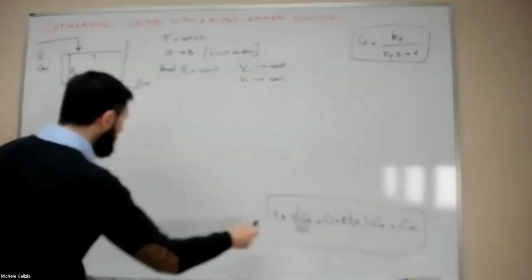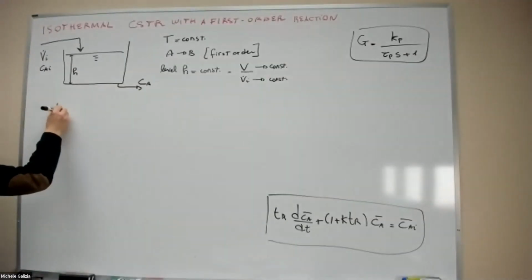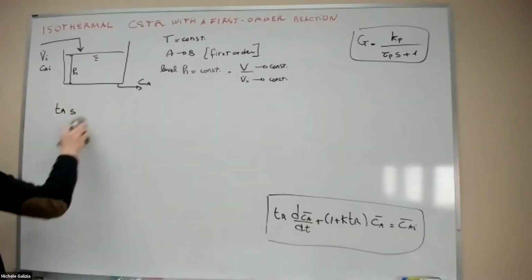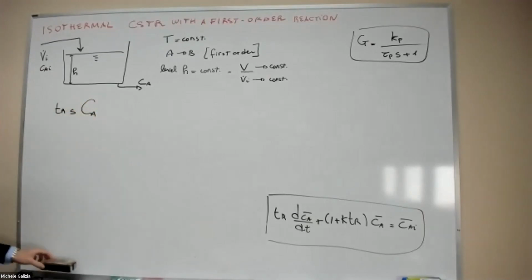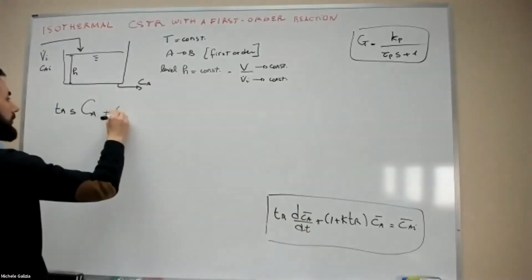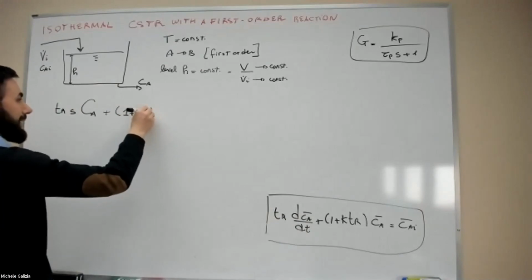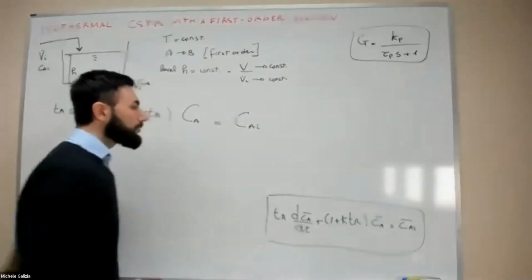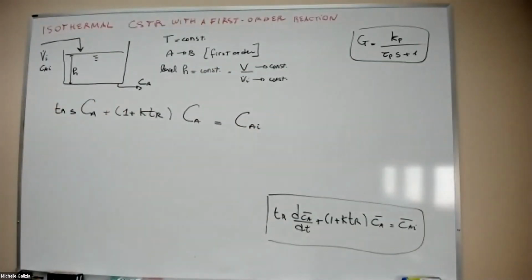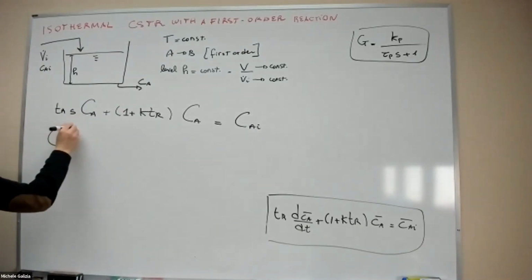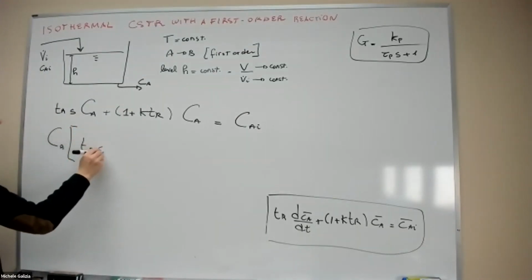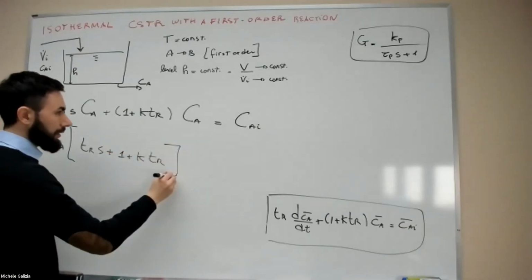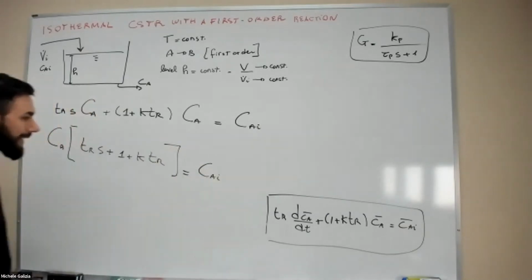So let's transform with Laplace and we get TR s CA capitalized plus 1 plus KTR CA capitalized equal to CAI capitalized. So if I collect CA, I get TR s plus 1 plus KTR equal to CAI capitalized.